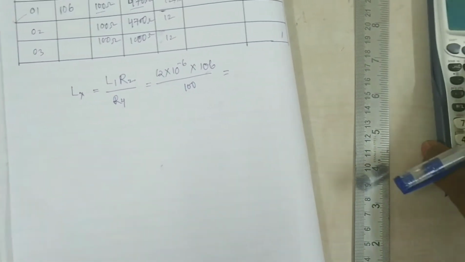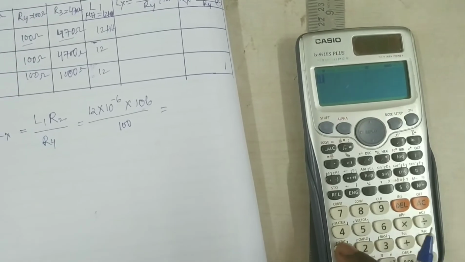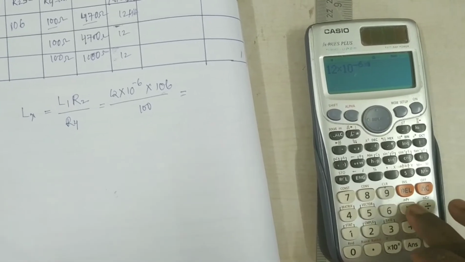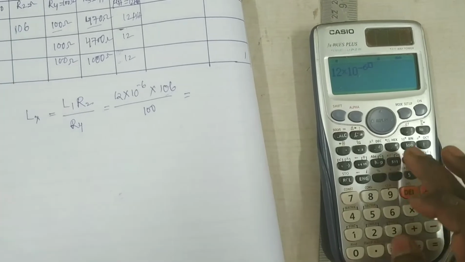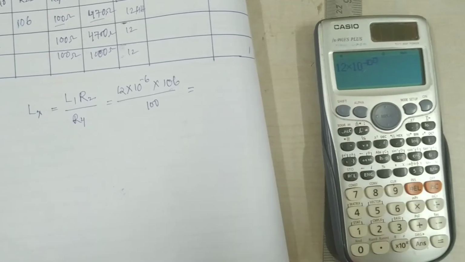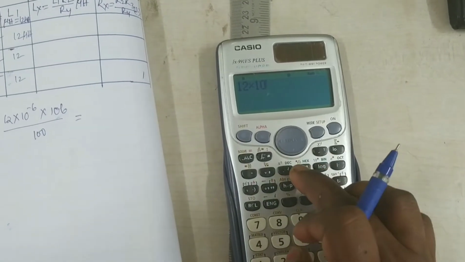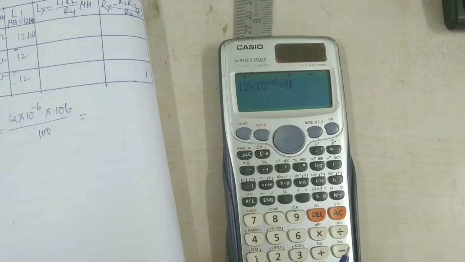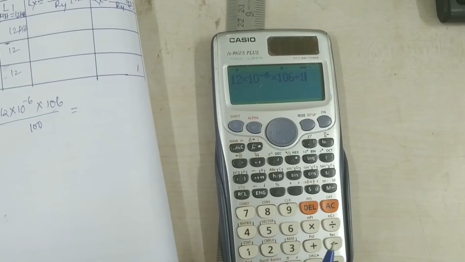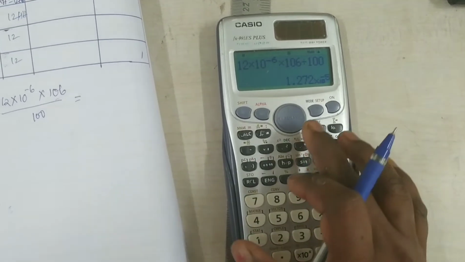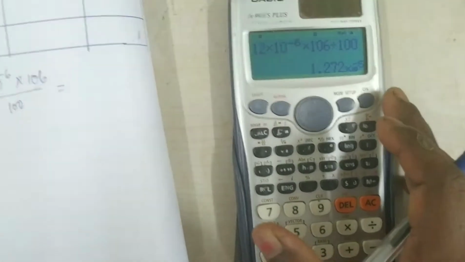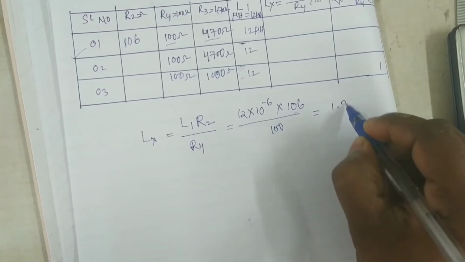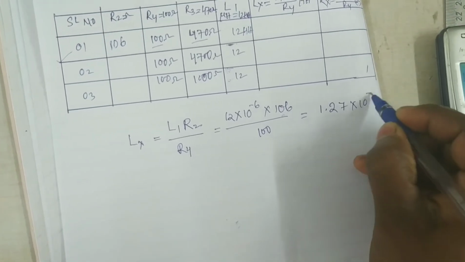Then by using calculator, 12 into 10 to the power minus 6 into 106 divided by 100 equals 1.272 into 10 to the power minus 5.